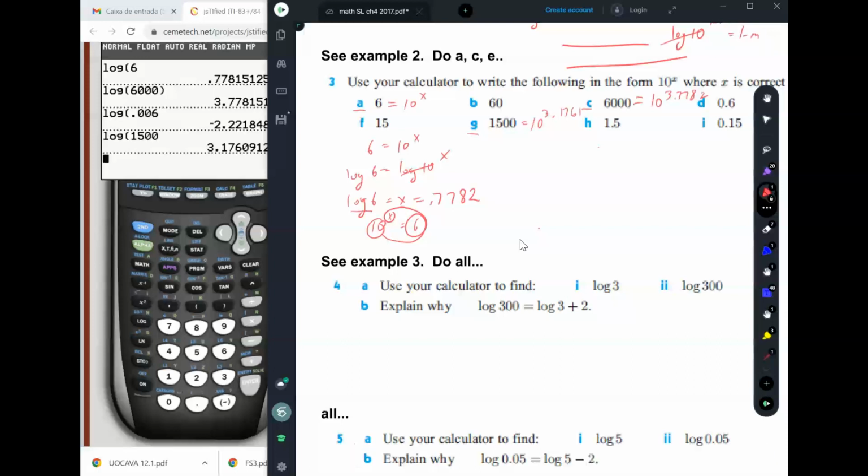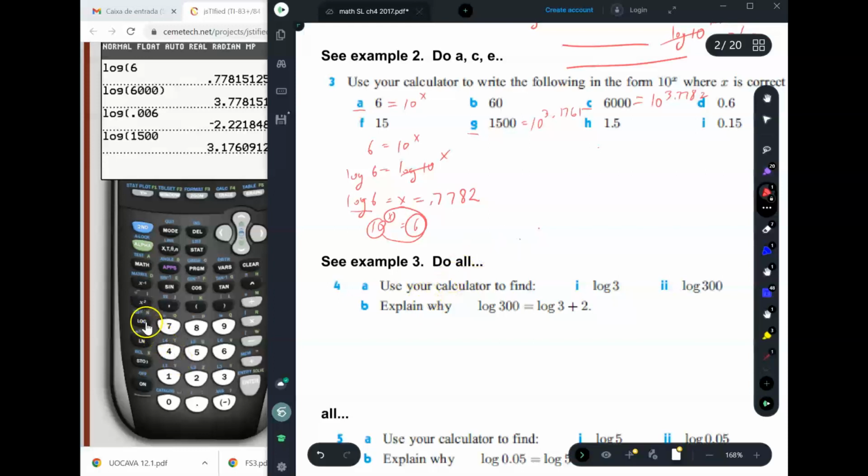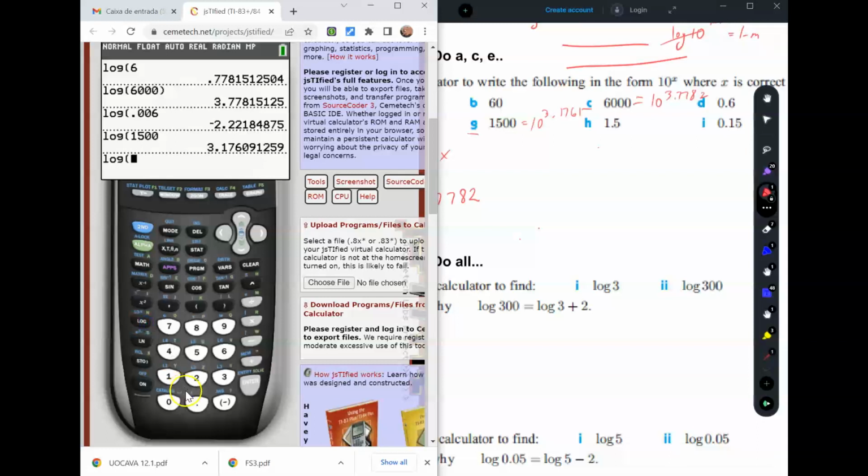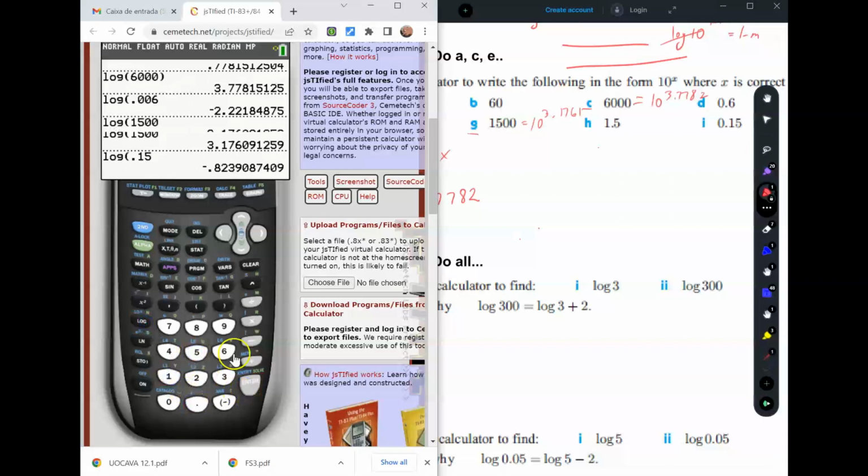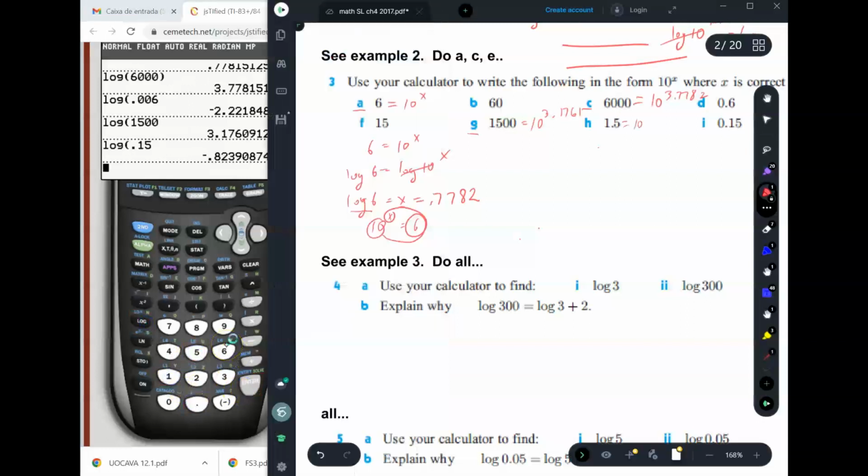And now we're going to do I, which is 0.15. So we do the log of 0.15, which is, so the 10 to the negative 0.8239.